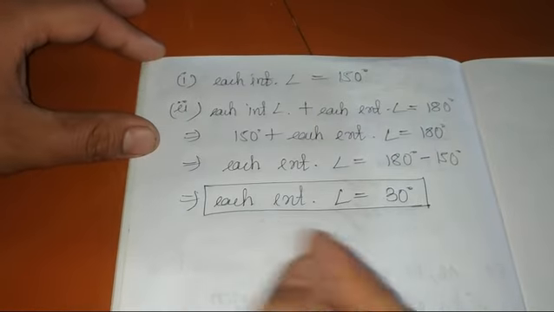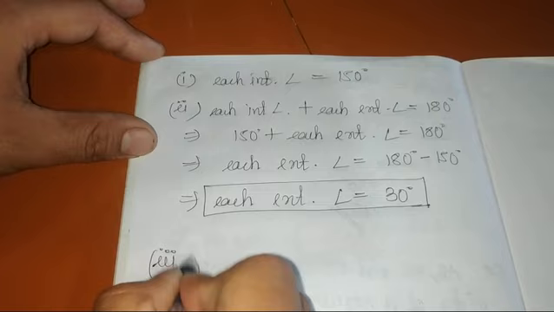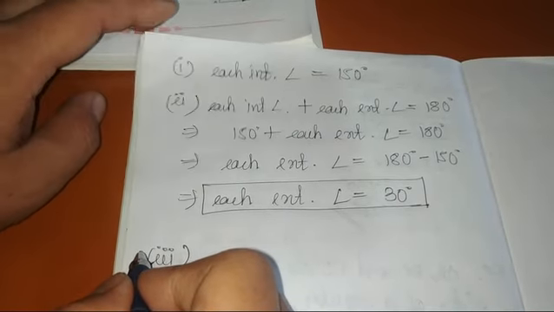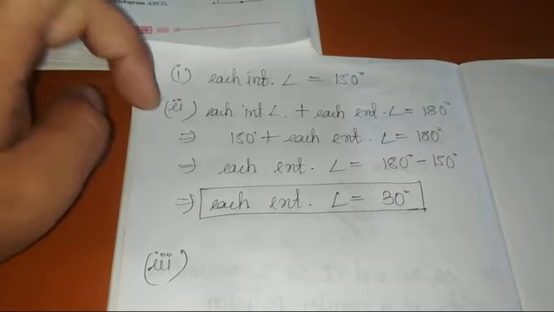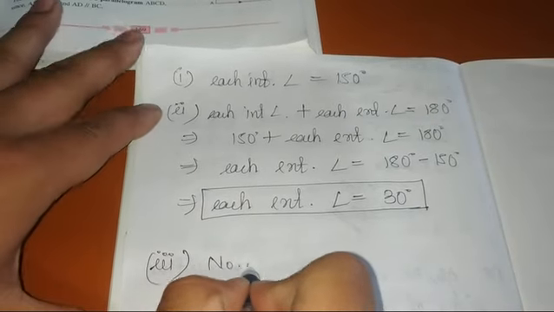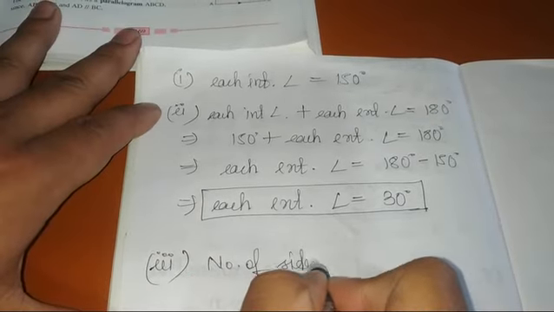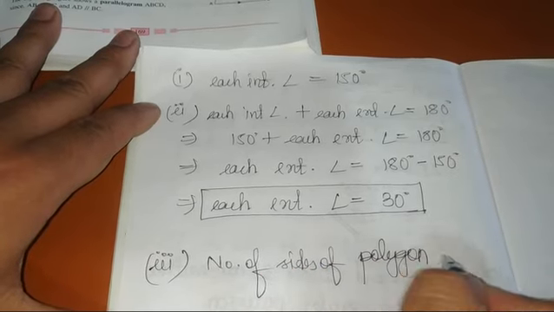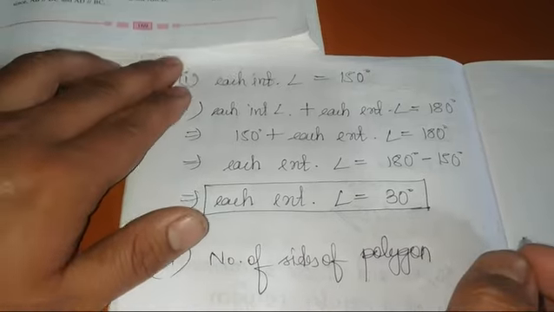And then finally we move to number 3: find the number of sides of the polygon. For the number of sides of a polygon, we are going to use formula number 5. Remember, I've asked you to learn the formulas 1, 2, 3, 4, 5.